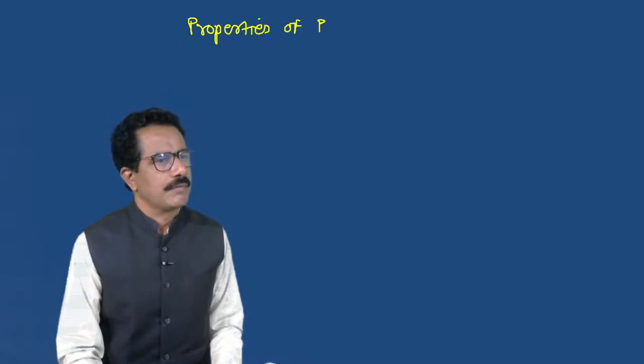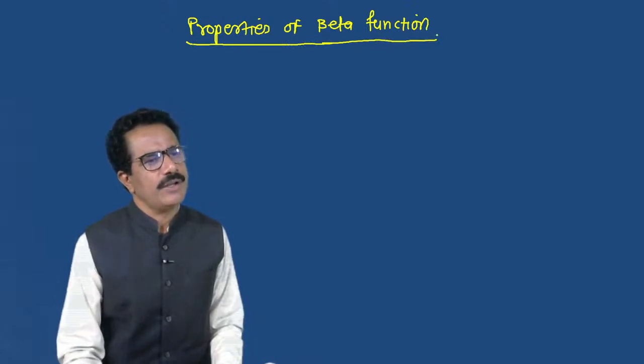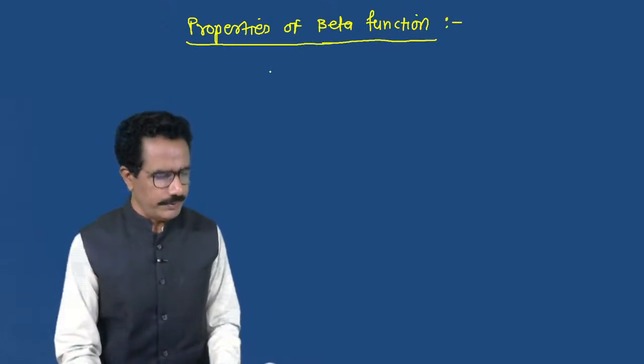Okay, now we shall move towards the next property of a beta function. Properties of a beta function, or the basic property which we have to discuss.